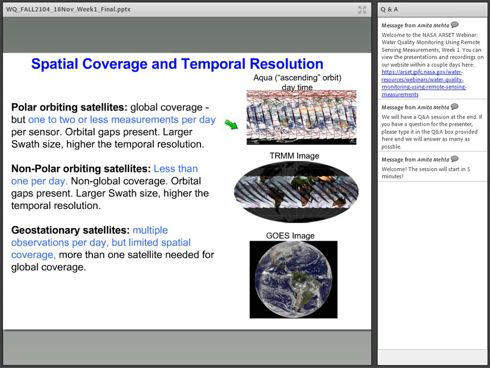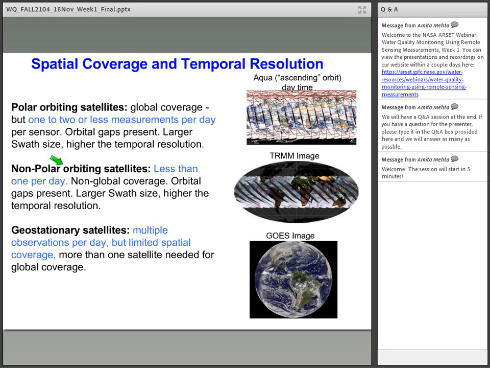A polar satellite passes over any area 1 or 2 times per day, depending on the geographical location. But there are also some disadvantages in the sense that the swaths are quite broad. Also, there are orbital gaps in between. So some areas don't get observed every day or more than once.